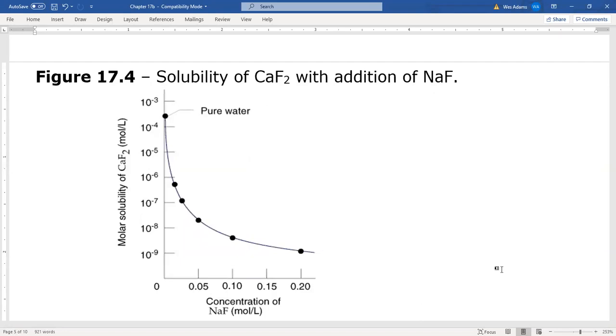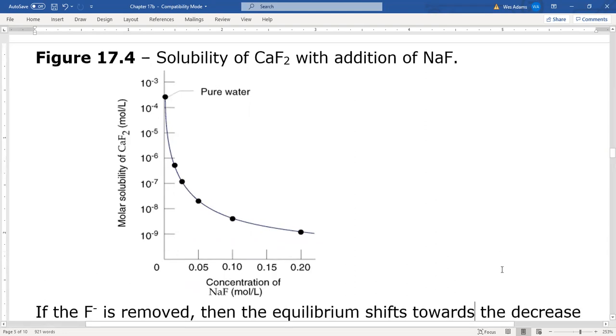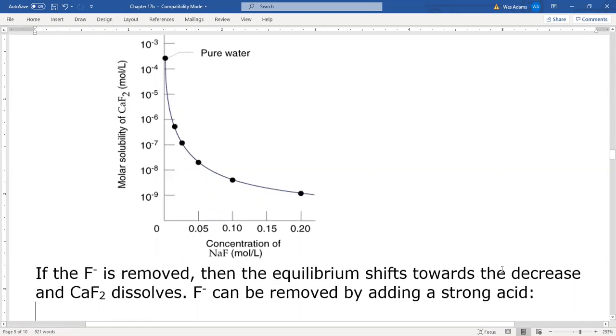But then as I add fluoride and increase its concentration, that molar solubility drops quite dramatically. And that's the effect of a common ion if there's excess of one of the ions present in the insoluble or sparingly soluble salt.